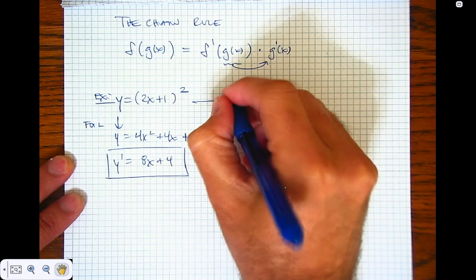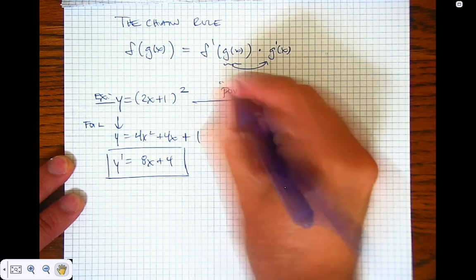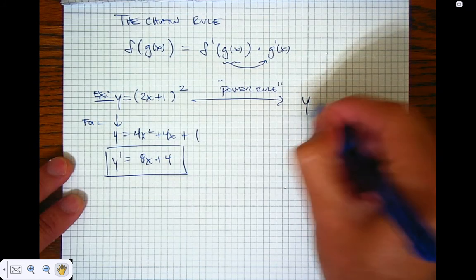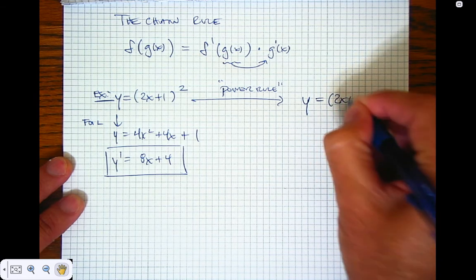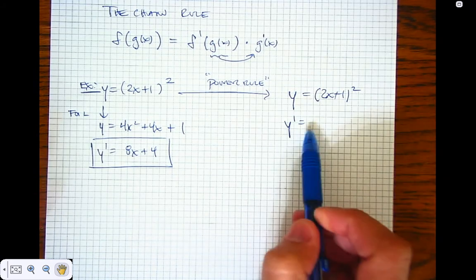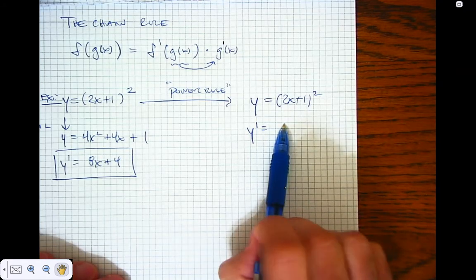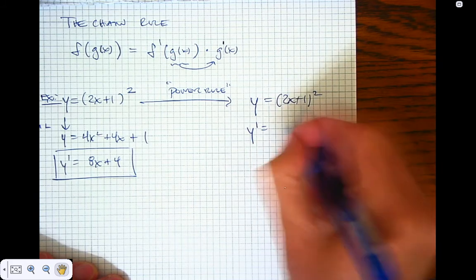Let's attempt to use the power rule that we already know, with y equals (2x + 1) squared. If you attempted the power rule without knowing the chain rule, this is going to be wrong, but let's see what we would do. We would bring the 2 down.